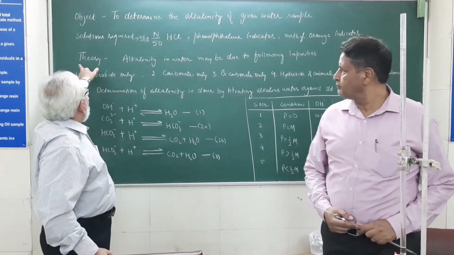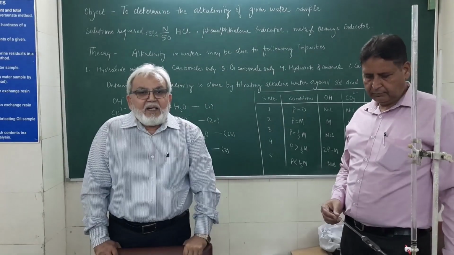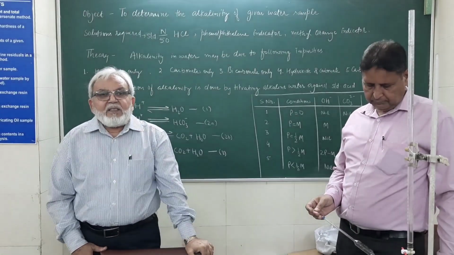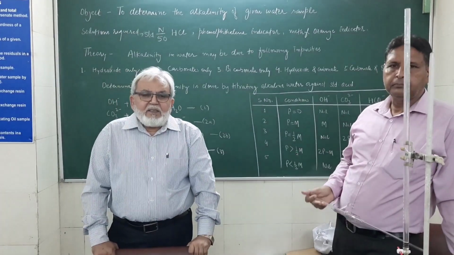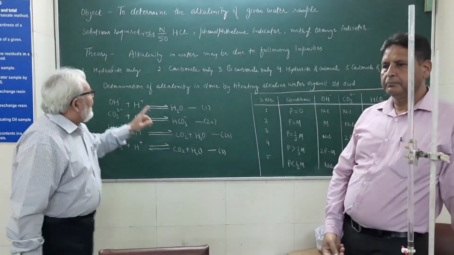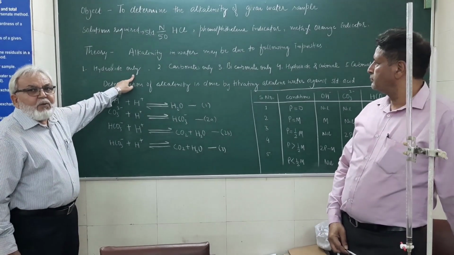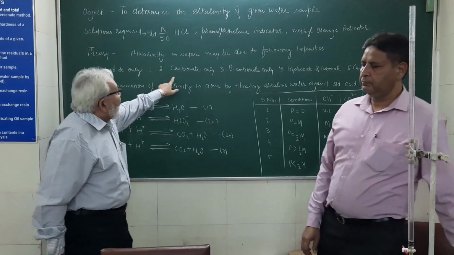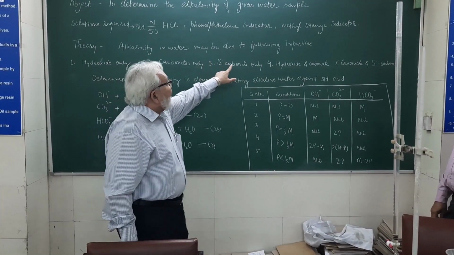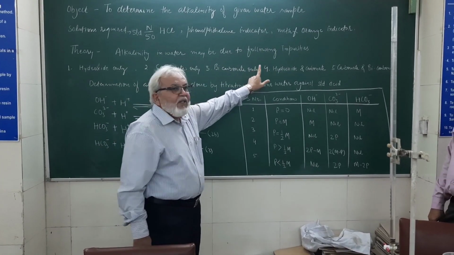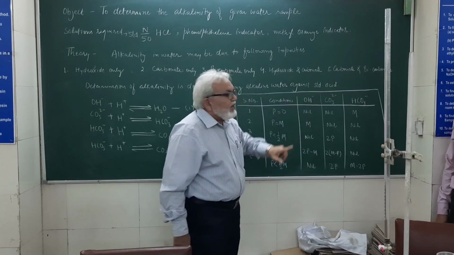Regarding the theory of the experiment, we know that alkalinity is termed as the acid neutralizing property of water, and it is due to the presence of hydroxide ion only, or carbonate ion only, bicarbonate ion only, or a combination of hydroxide and carbonate.